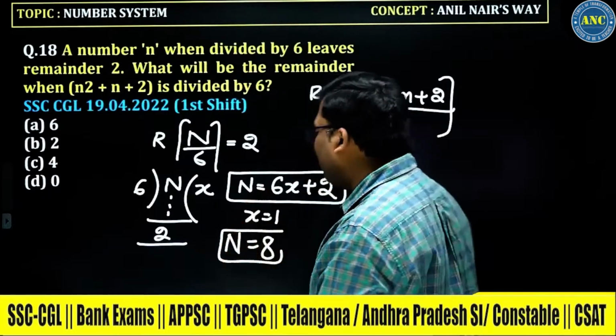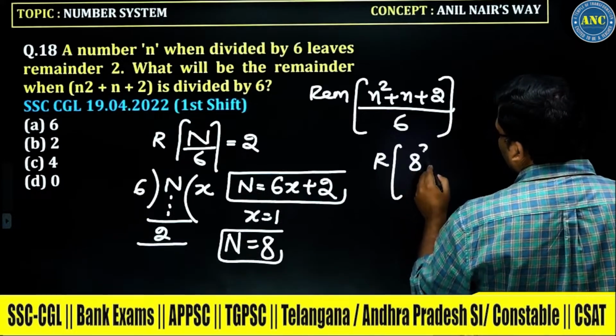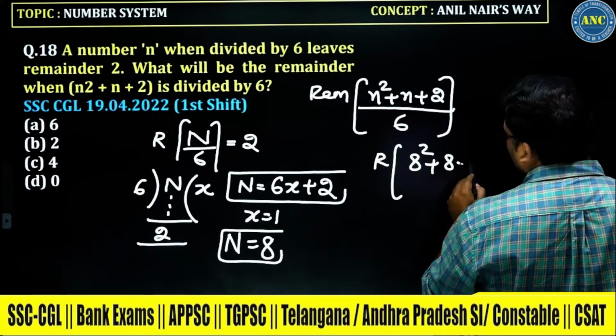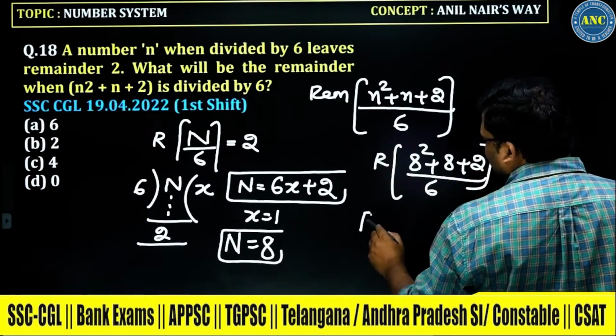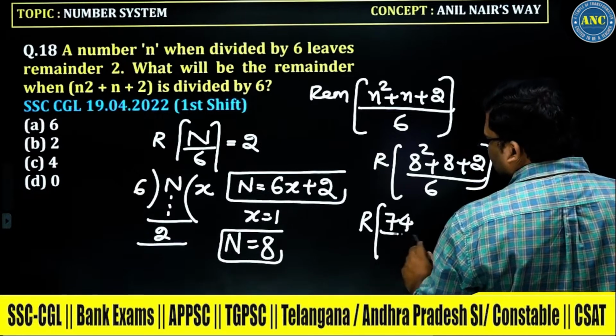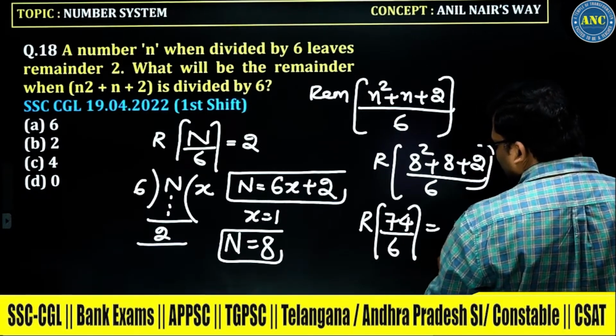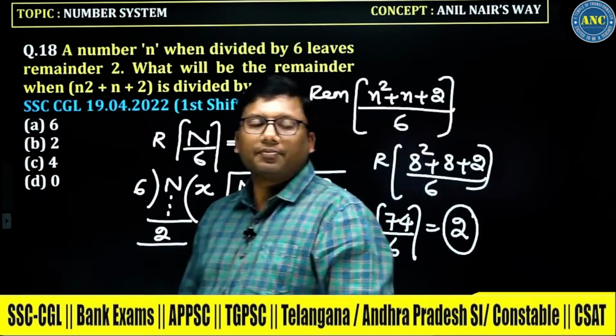What is the n value we got? 8. So the answer is 8 square plus 8 plus 2 divided by 6. 8 square is 64. 64 plus 10, 74, divided by 6. 6 twelves are 72. The answer for this question is 2.